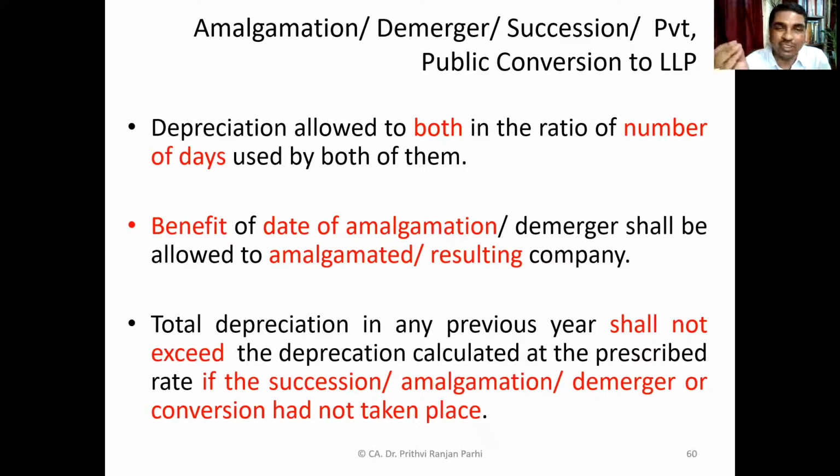That means total depreciation will remain same, and that total depreciation is going to be distributed between these two companies on the basis of number of days, and the benefit of date of amalgamation shall be allowed to the amalgamating company, or in case of demerger, to the resulting company.